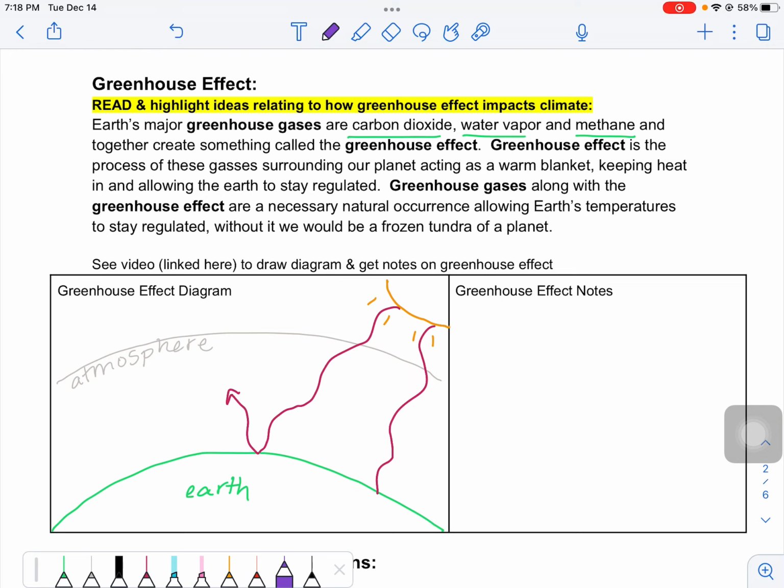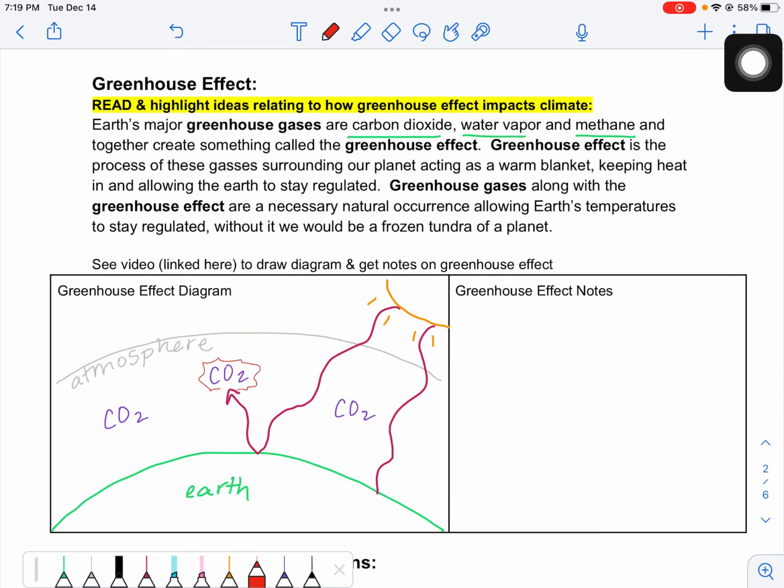One of the main greenhouse gases, carbon dioxide or CO2, is found all throughout the atmosphere. What CO2 does is, when solar radiation is reflected from the Earth's surface, that CO2 grabs the energy and keeps it in, right?